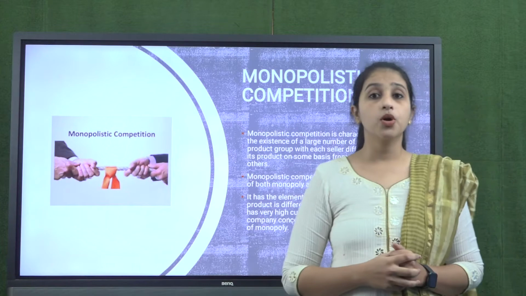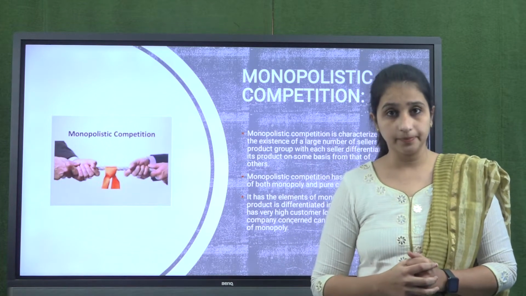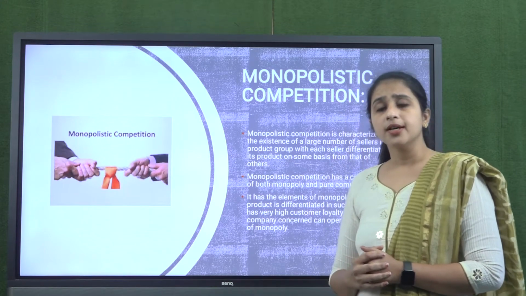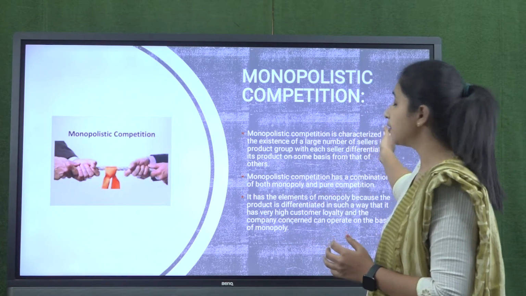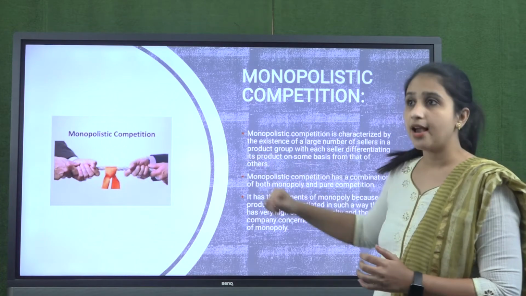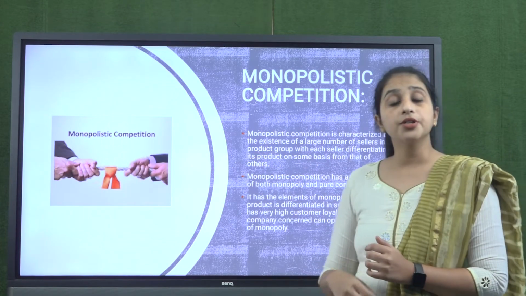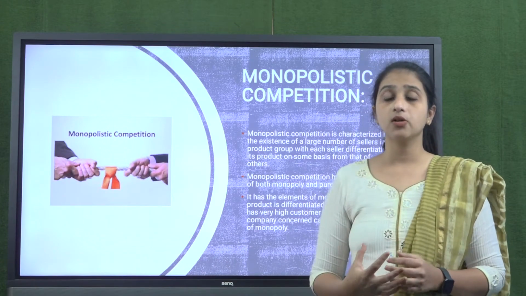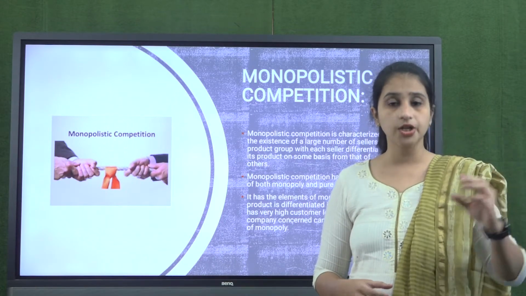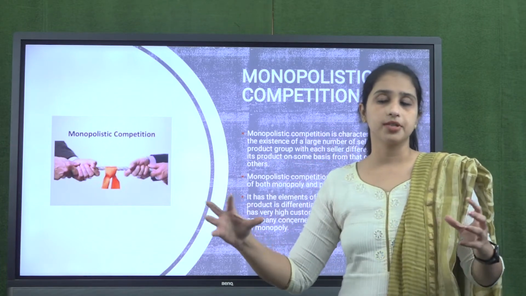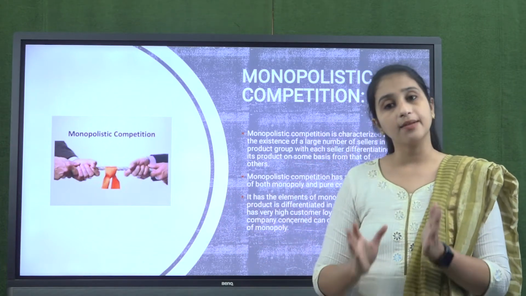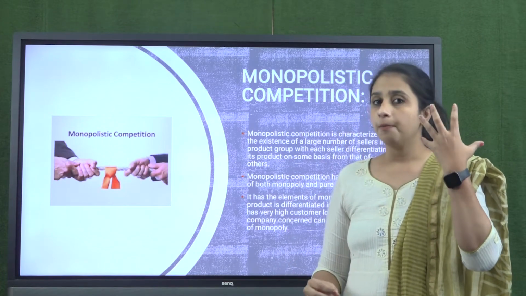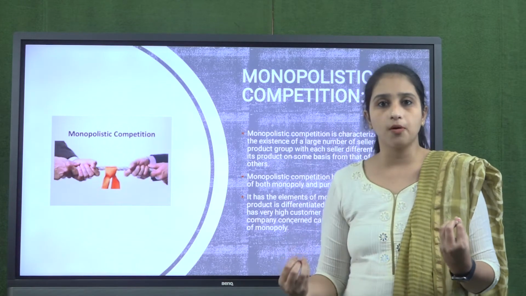Next one is monopolistic competition. Here, the number of sellers is very large, and again they introduce product differentiation. I'm repeating again, in monopolistic competition, the number of sellers is large and they come up with product differentiation. Generally, you can say that monopolistic competition is a combination of pure monopoly and pure competition.